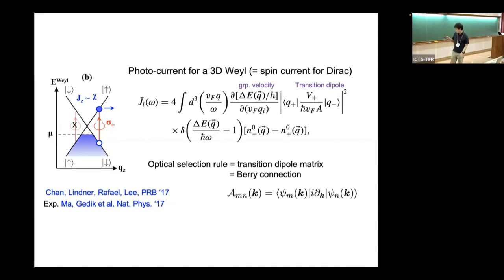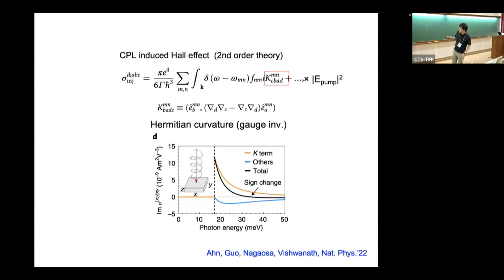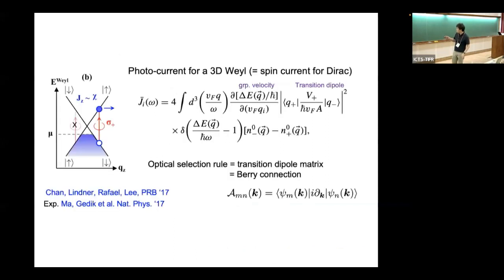Actually, recently, many people have been extending this idea of using geometry in order to study laser-induced nonlinear photonic processes. Because, as I said, this optical process has this transition dipole, and transition dipole is the Berry connection.